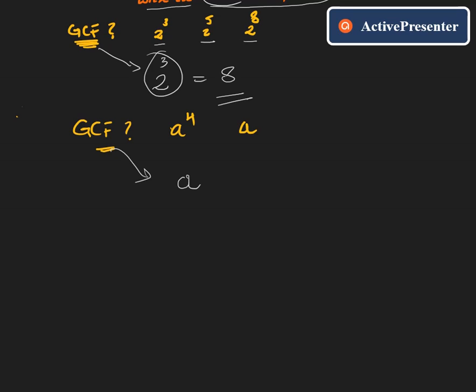If another question comes to you, find the greatest common factor of, let's say, 27a cubed b to the power 4 and 18b cubed c. The first question is, what are the prime factors?